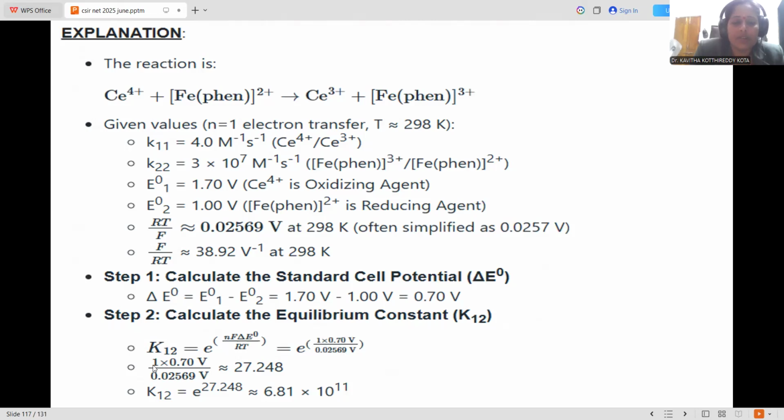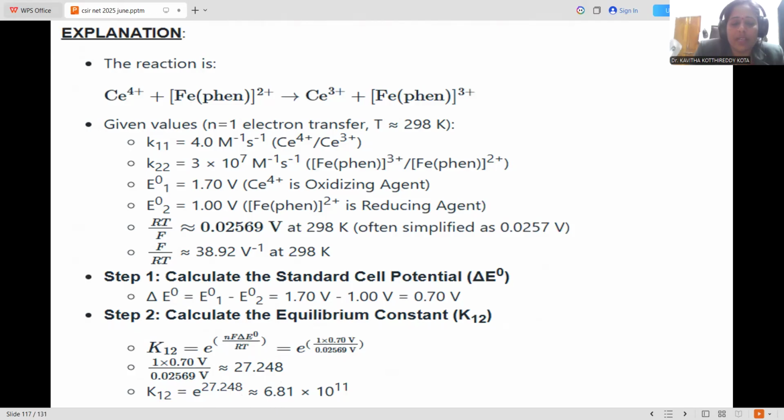So here 1 into 0.70 by 0.02569 is nothing but 27.24. So 27.24 is taken for the e to the power, so K12 is equal to e to the power 27.248.